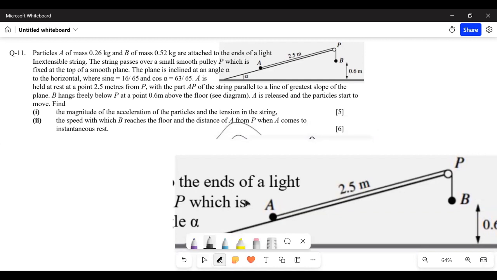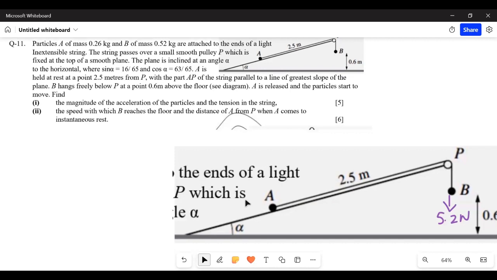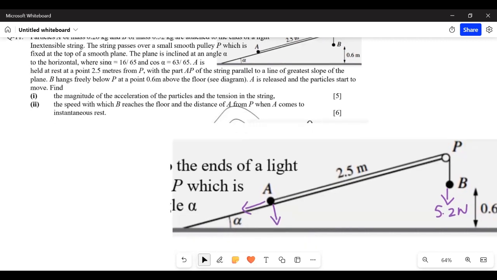Okay, let's start to plug in the forces. At B, there's a downward force of 5.2 newtons. For A, it's not a horizontal surface, but an inclined surface. So this time, there are going to be two components of the weight. The weight itself is 2.6.